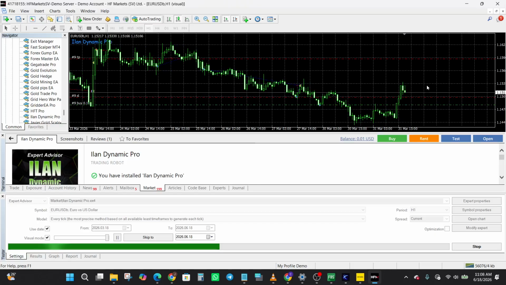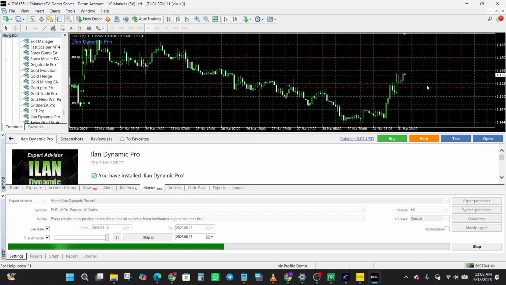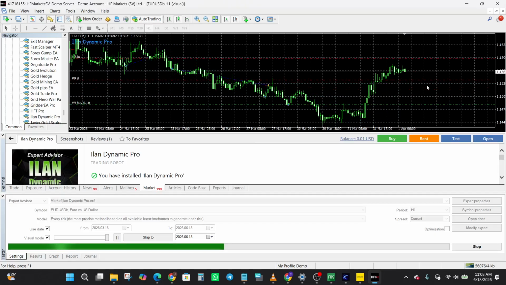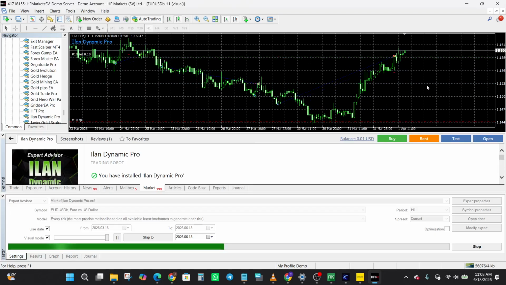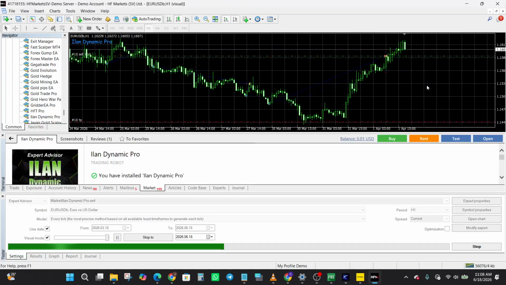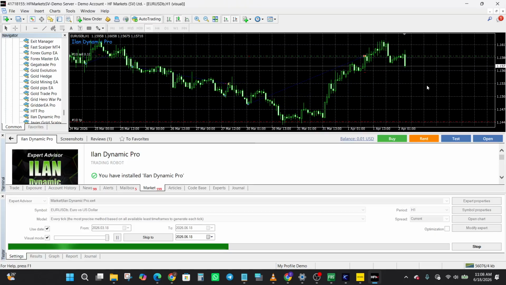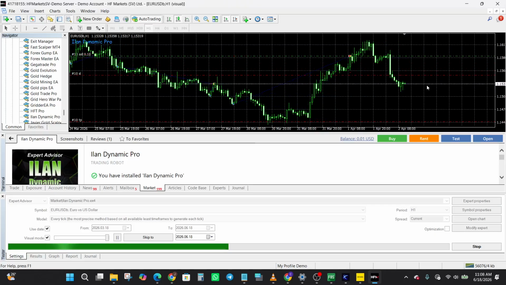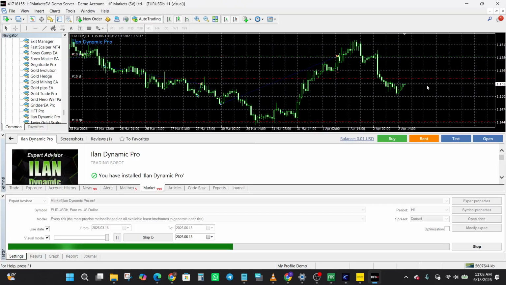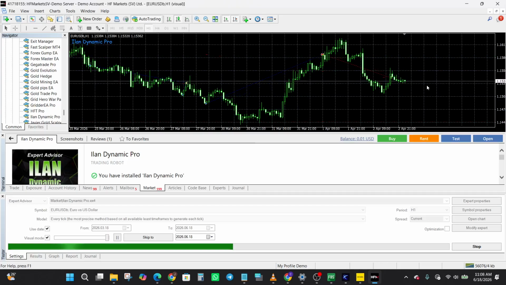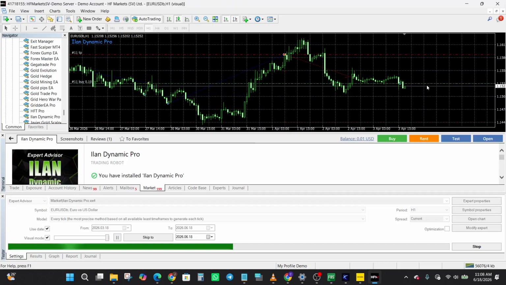Results can vary significantly depending on lot sizing, risk configuration, broker execution quality, spreads, slippage, account conditions, market behavior, and any optimization choices made by the user.